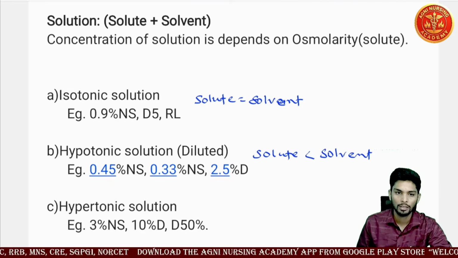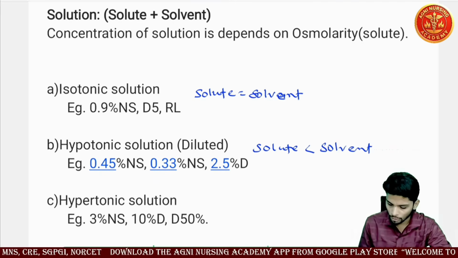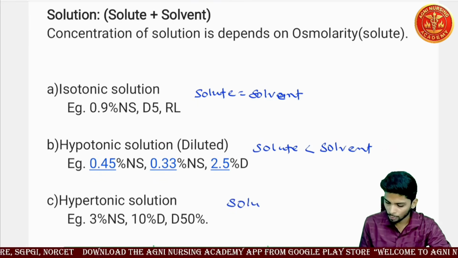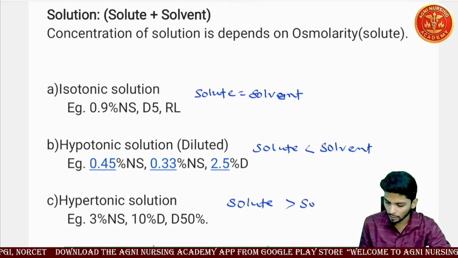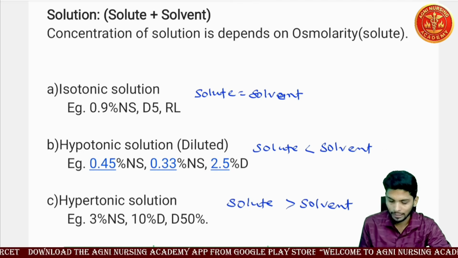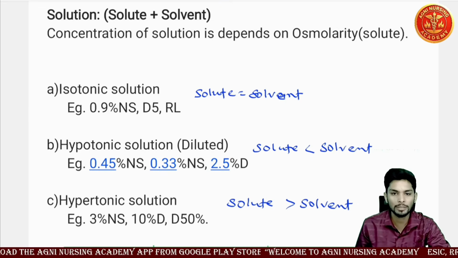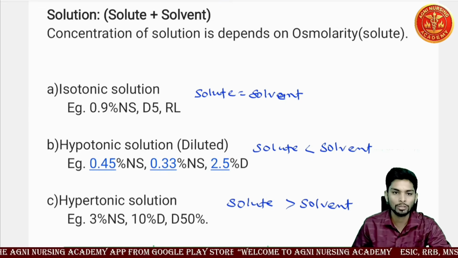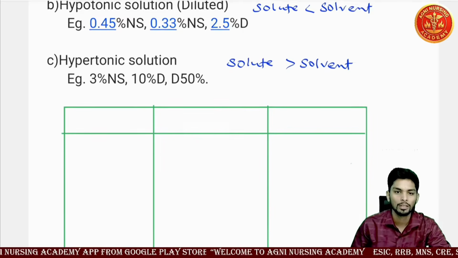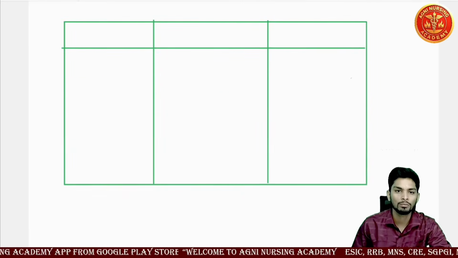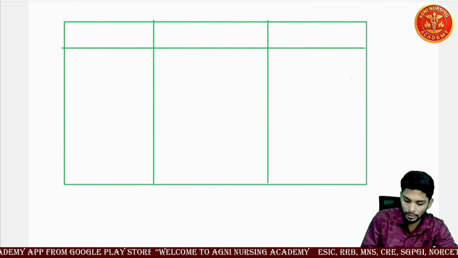And what is hypertonic solution? The concentration of solute is more than the concentration of solvent, so a more concentrated solution will be there. Here we'll put one chart so that it will be easy to understand.